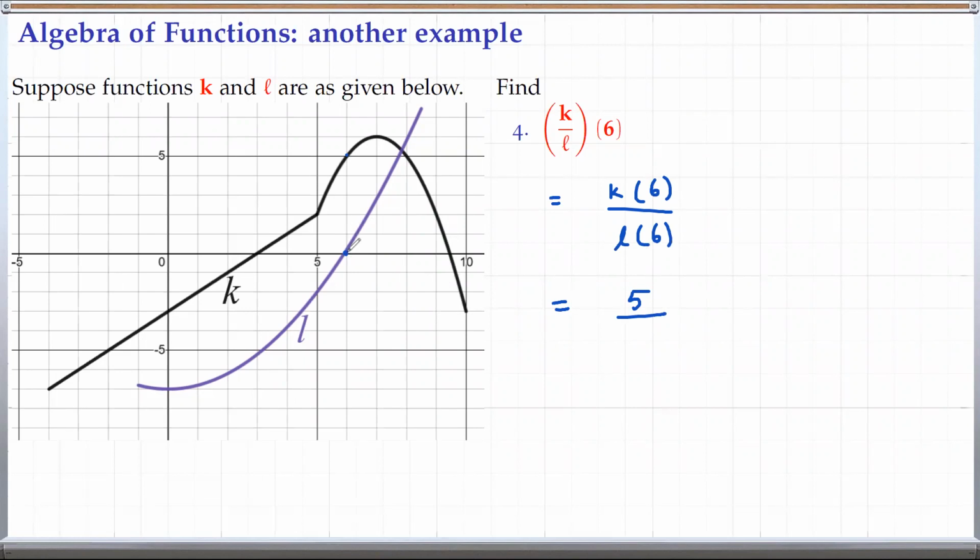The y value on the graph of L when x is 6 is 0. So this is undefined. We can't divide by 0. So this quotient is undefined at 6, which again means 6 is not in the domain of this quotient k by L.